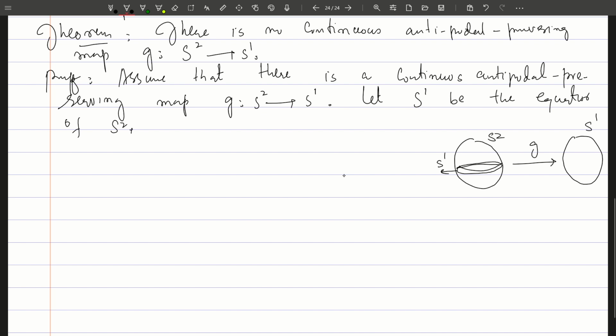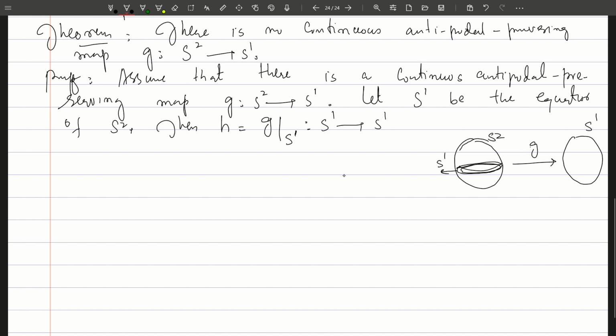Now we can restrict. So then the restriction map H, which is the restriction of G to S1. So we restrict this G from S2 to S1. So this is a map from S1 to S1.